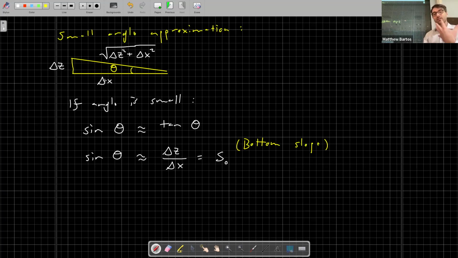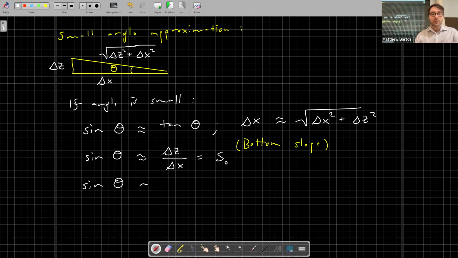This is for the case where the length delta x is almost the same as the hypotenuse, which will generally be the case for pipelines and open channels, pretty much all the systems we'll be looking at in this class. In other words, delta x is approximately equal to the square root of delta x squared plus delta z squared. So sine theta is approximately equal to the bottom slope.